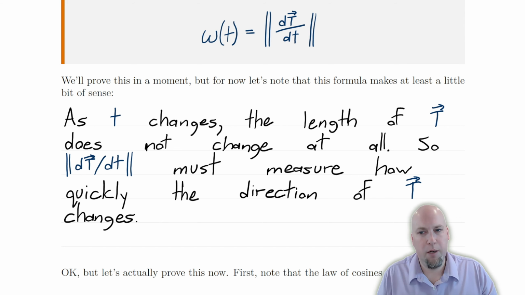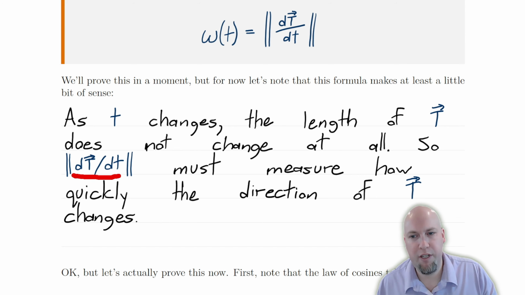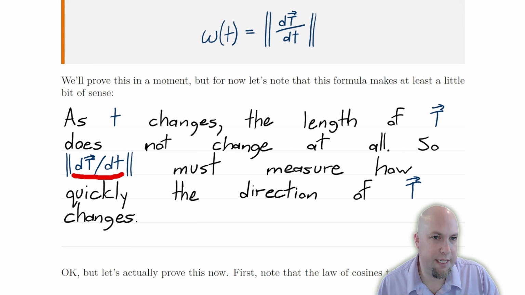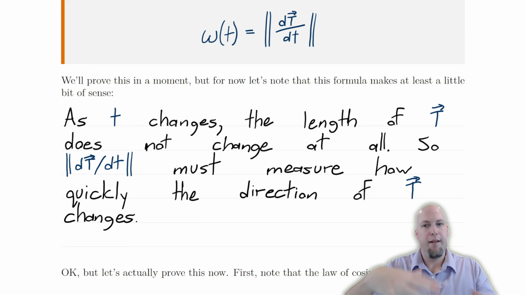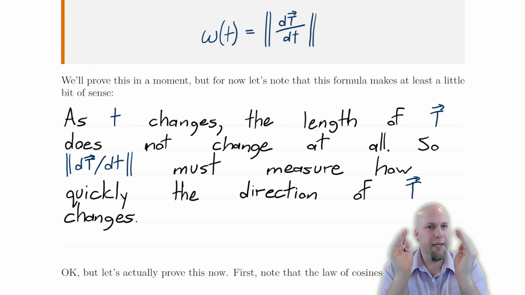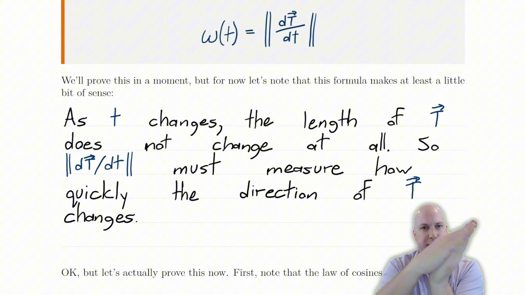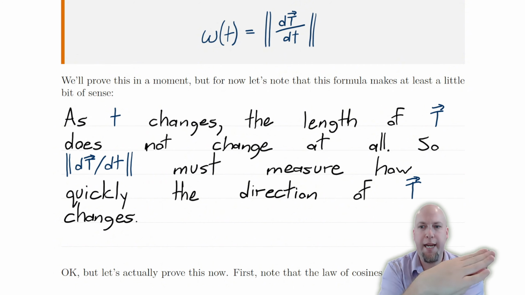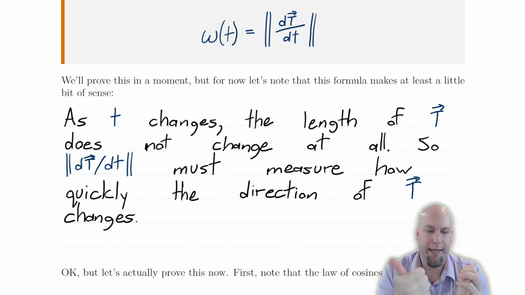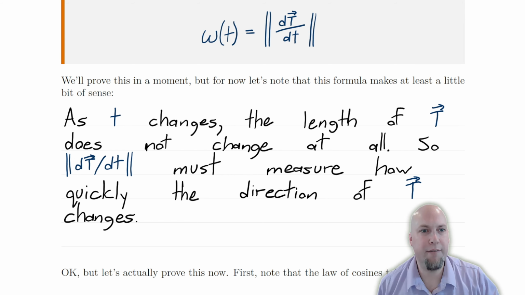If you compute the derivative of the unit tangent vector capital T, that might be a non-zero thing because T doesn't have to be a constant vector. It has constant length, but it can still rotate around. The only way it can change is in its direction, in the angle between two nearby little t values.